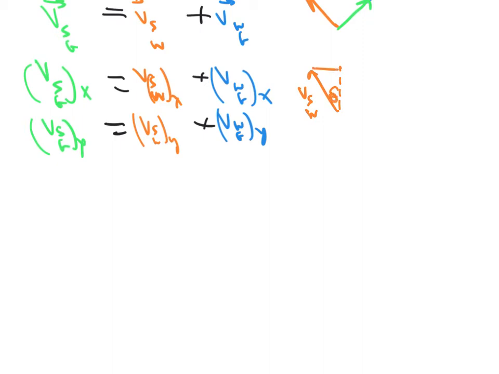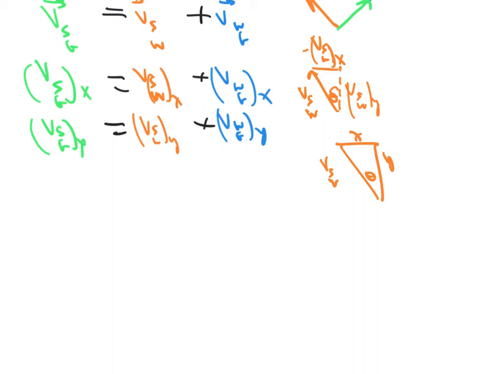And we want v of the swimmer with respect to the water in x, and then v of the swimmer with respect to the water in y. And really this is minus of that because I'm doing a triangle. So for the moment, temporarily, I'm just going to call it x and y and the thing I want, and theta.